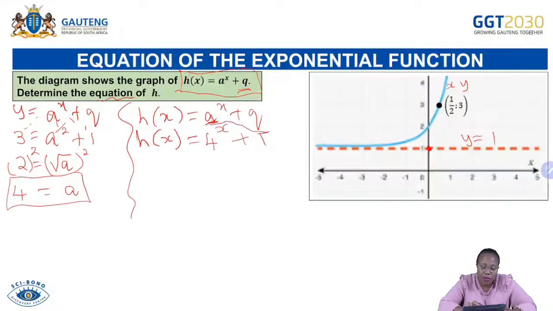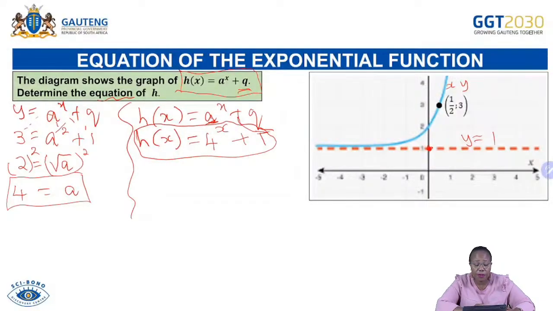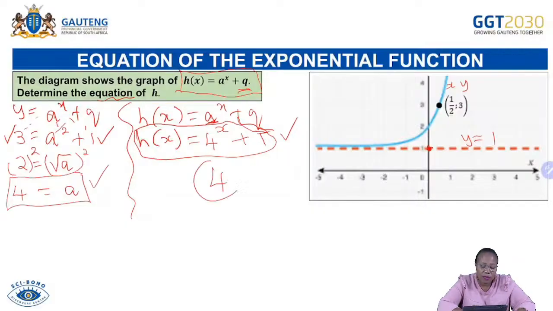So that is the equation of that particular graph. Okay, 4 to the power x plus 1. So it's 1 mark for substitution of half and 3, and the second mark for substituting q. The third mark for simplifying up to a equal to 4. The fourth mark for the correct final equation. This is worth 4 marks.